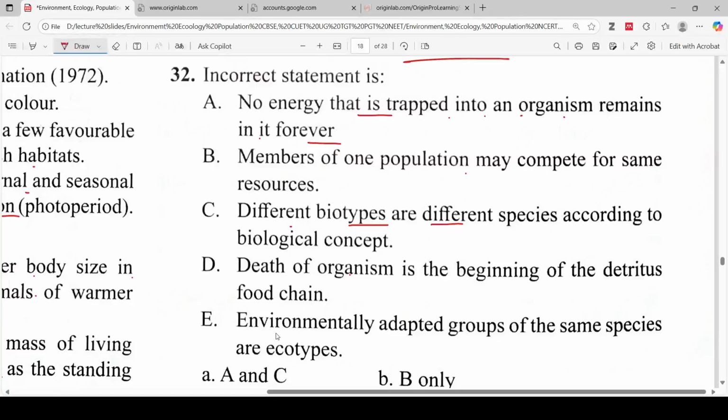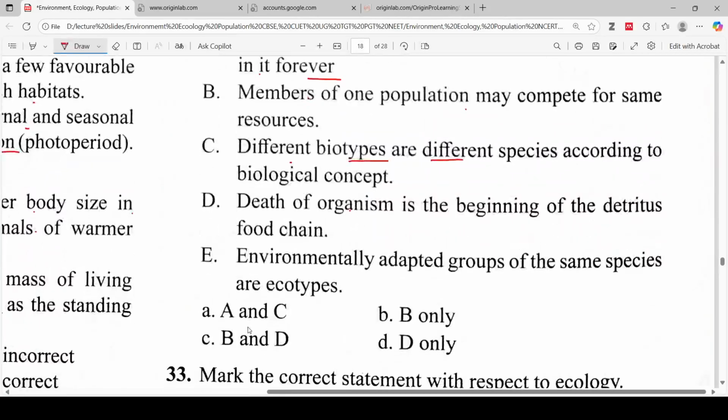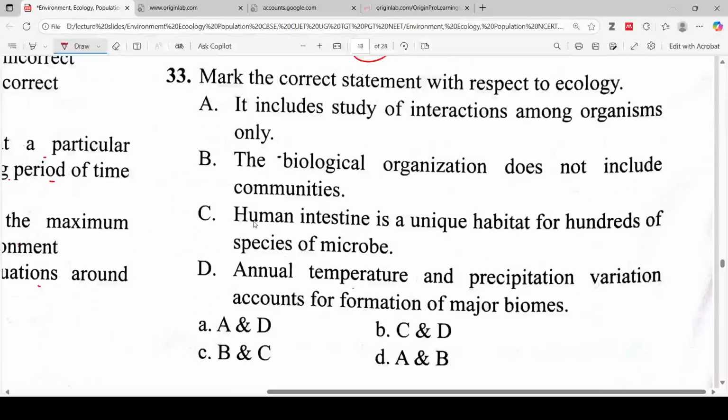The environmentally adapted groups of the same species are ecotypes. So the correct answer is option D. Only D is the correct answer.